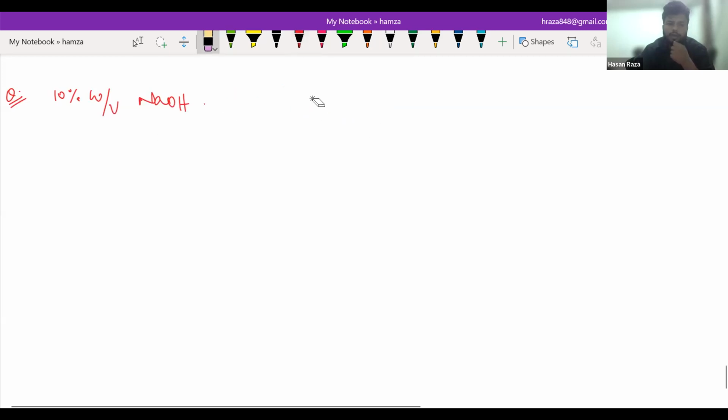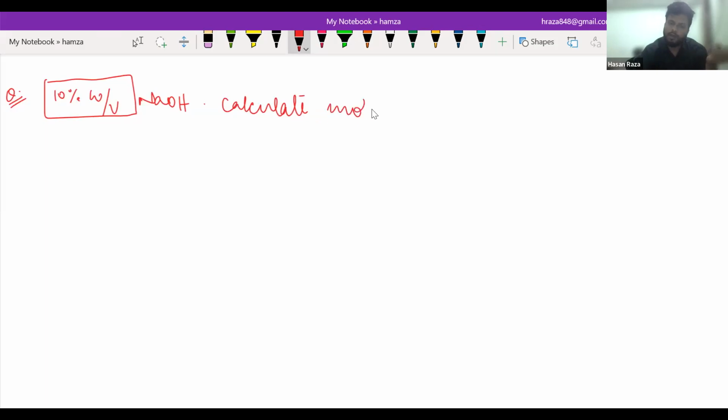I told you that whenever this type of term is given, please write a whole sentence and then see what is given and what is asked. Write the formula of molarity, write the whole sentence, and just check what is given and what you need to calculate. Can you do this, or should I explain?